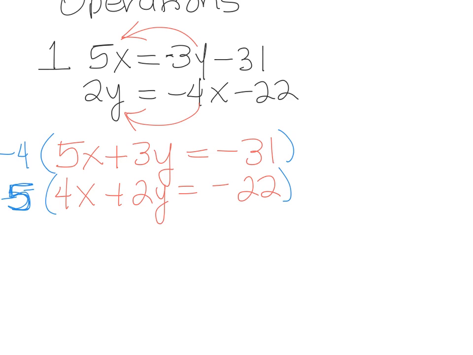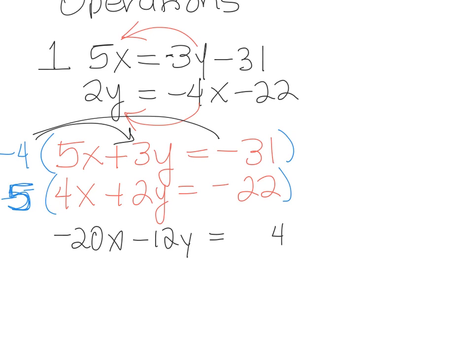Great, awesome. Okay, so now we multiply the first one by negative 4 and the second one by 5, so that we can have the same. So we're going to target this kind of like the elimination method. We multiply by negative 4, that would be negative 20x. And then by negative 4 is negative 12y. And then negative 4 times negative 31, 4 times 1 is 4, 4 times 3 is 12, so 124.